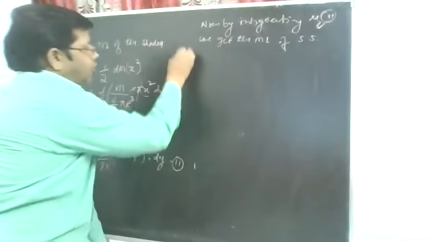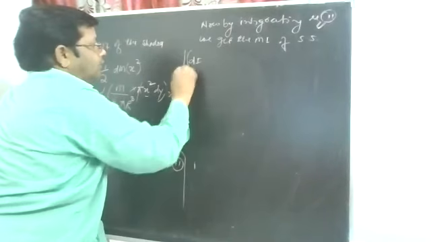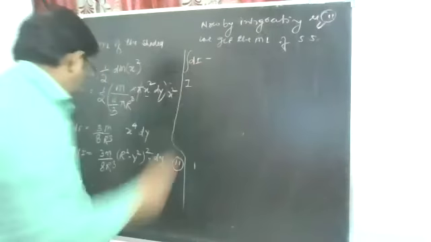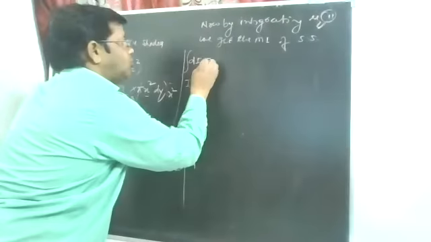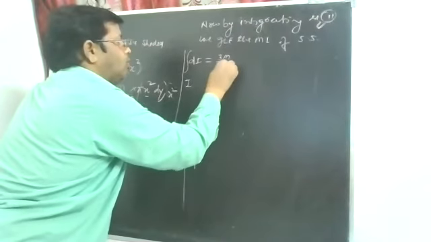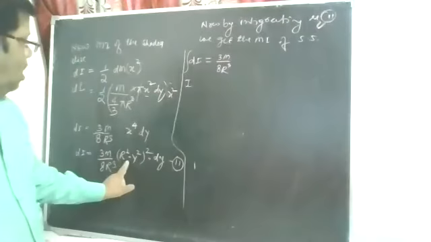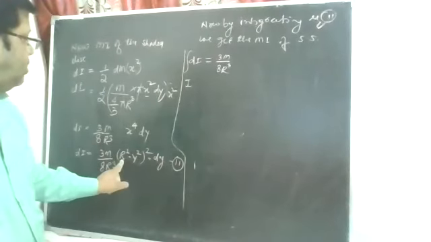Now you see here how we will integrate. Integration of dI is I. Now 3m upon 8r cube is constant. Take the squaring of this one and multiply it with dy.